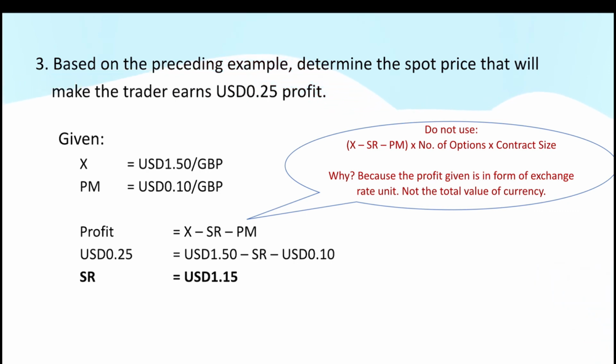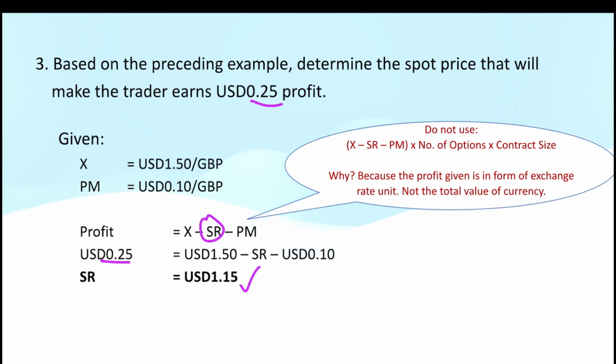We do not know the spot rate, but we have the profit. So you just substitute the value into the formula. So the spot price here is 1.15.